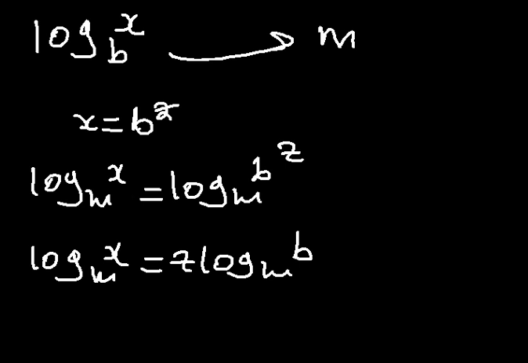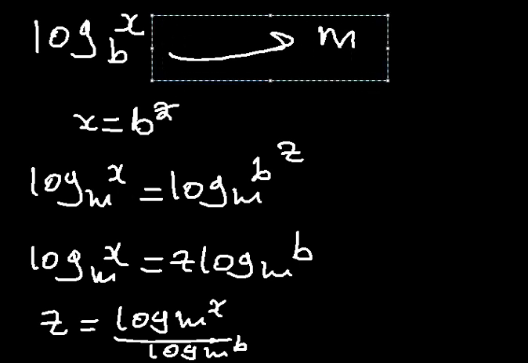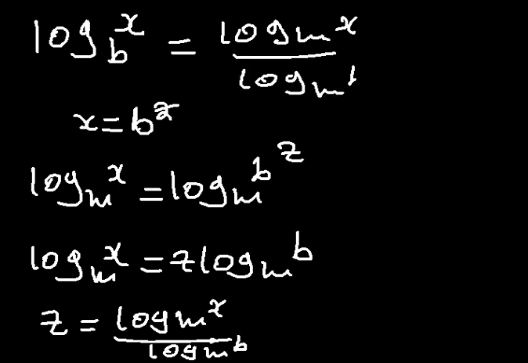And upon making z the subject, we have z equal to log m of x divided by log m of b. So, having log b of x, this is the same as log m of x divided by log m of b.